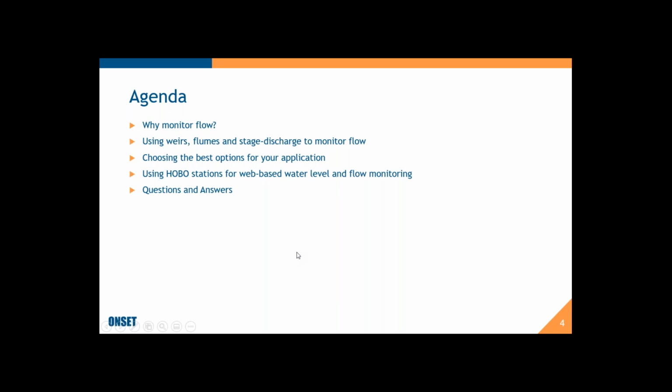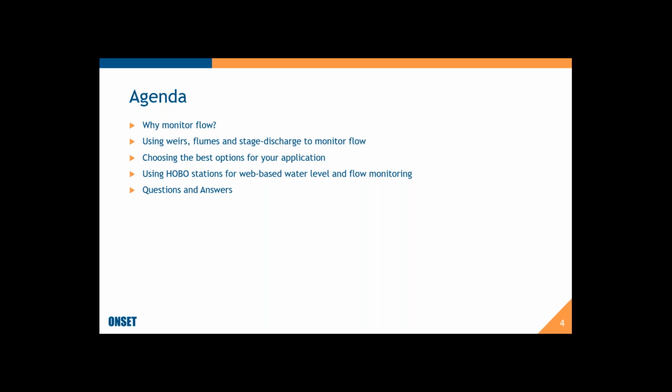You should be seeing the agenda now. If you're not, let me know. Okay, looks good. This is just a rough outline of the sequence I'm going to be going through. First, I'm going to start out with why we monitor flow. Probably most of you have a good reason for monitoring flow already. That's why you're attending today.